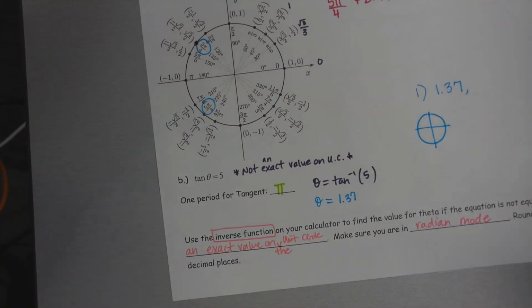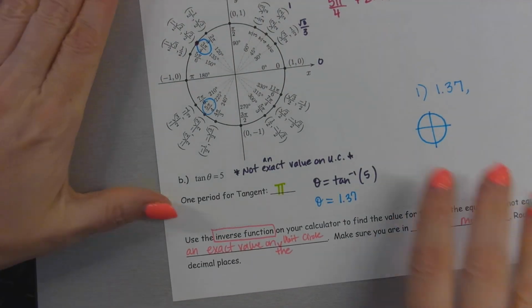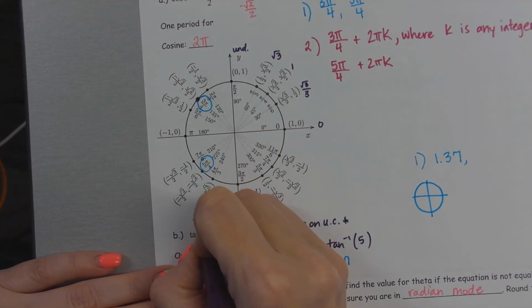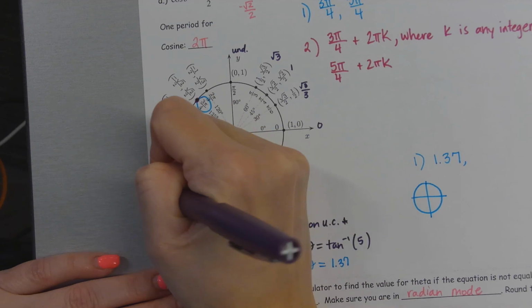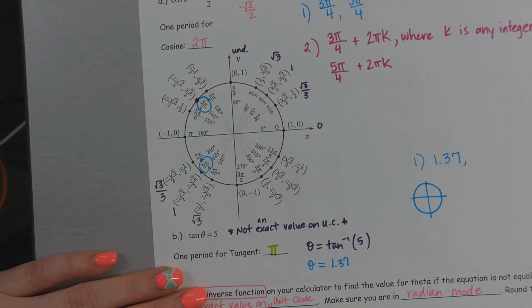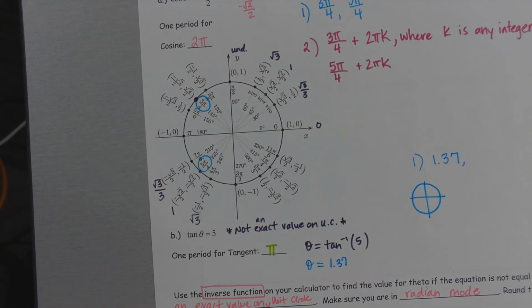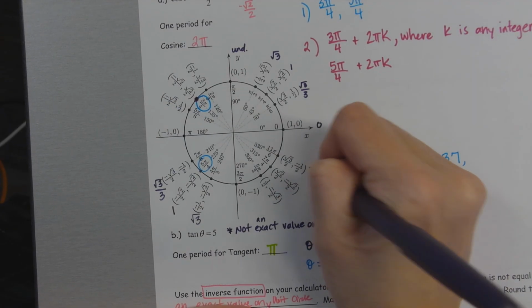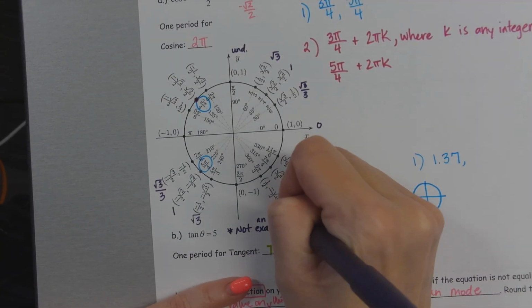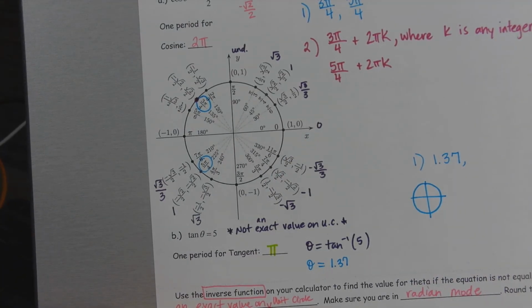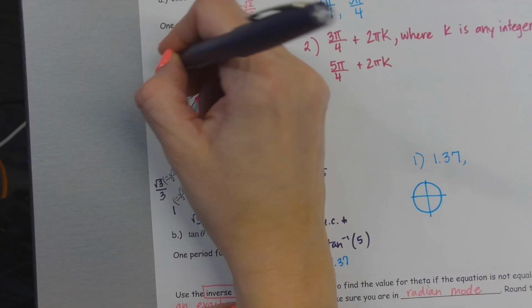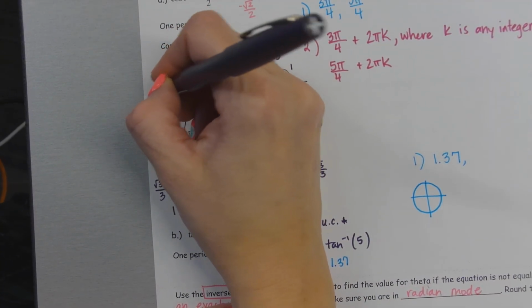And then if we write down the values for quadrant 3, your tangent values, this is going to be root 3, this is going to be 1, this is going to be root 3 over 3. You can continue that pattern around the circle. So this would be negative root 3 over 3. This would be negative 1, negative root 3. And then here you have negative root 3, negative 1, negative root 3 over 3.